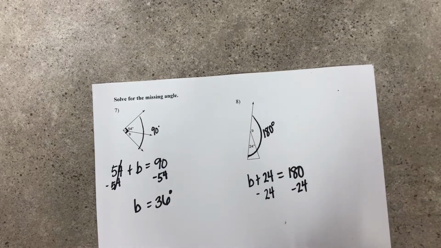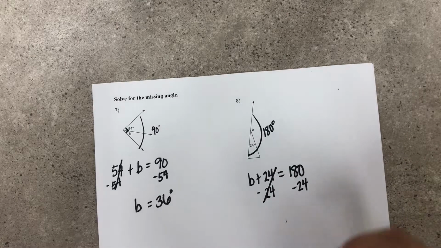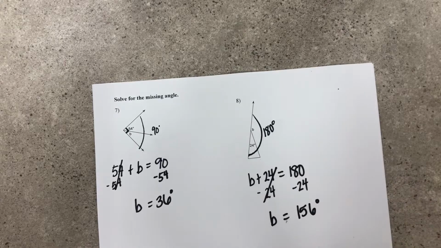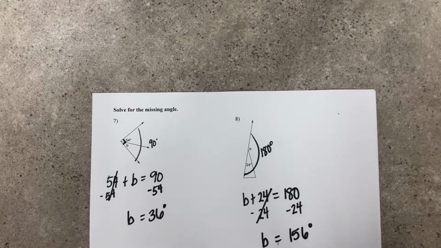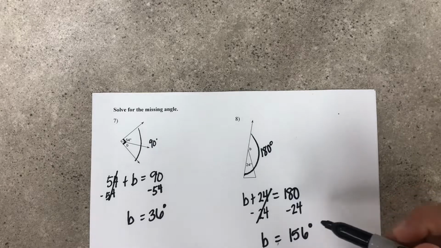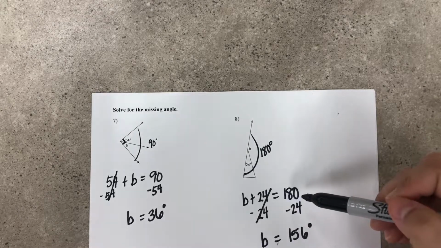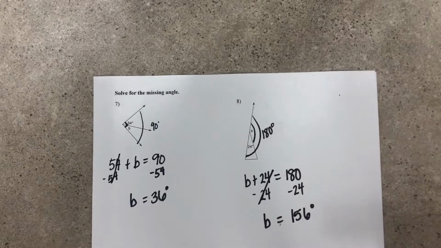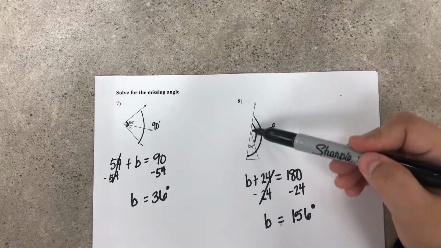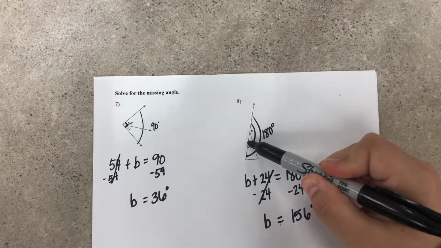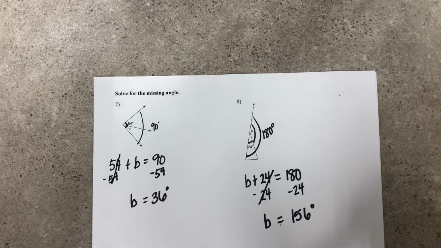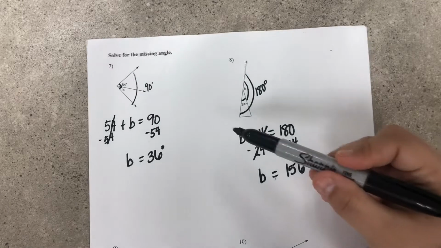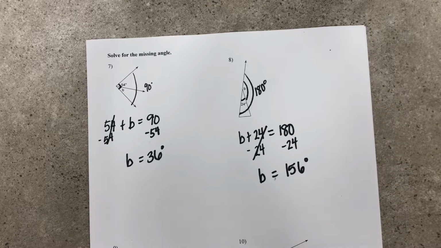This cancels, and I'm left with B equals 156 degrees. And again, we can see that 156 is very close to 180 degrees. You can see this angle B takes up most of the space, while this 24 is just a little angle on this side. And it should. 156 is a lot bigger than 24.